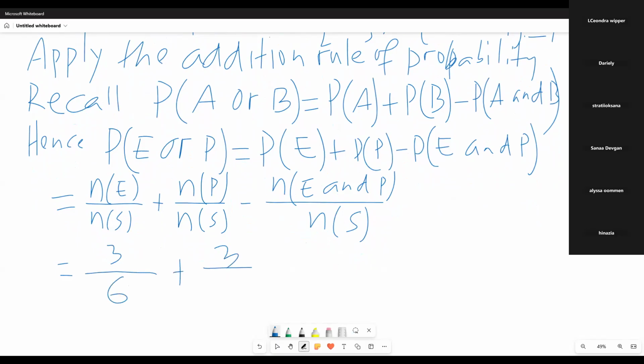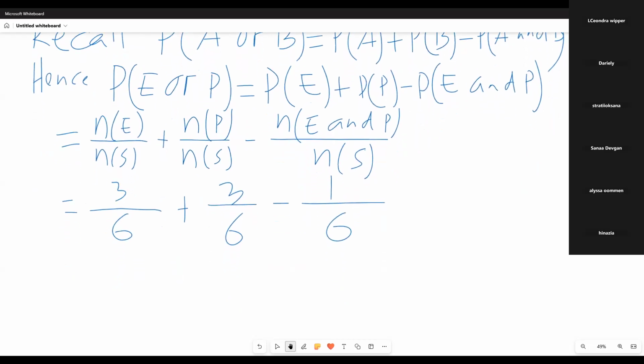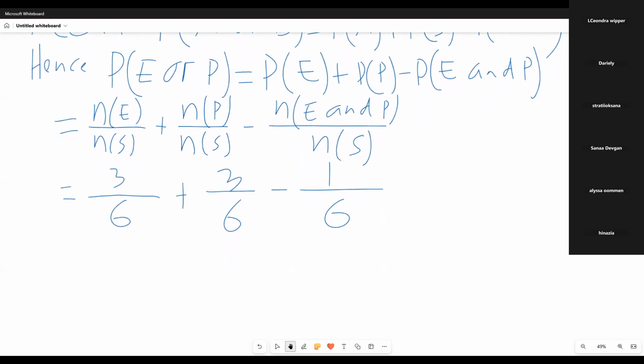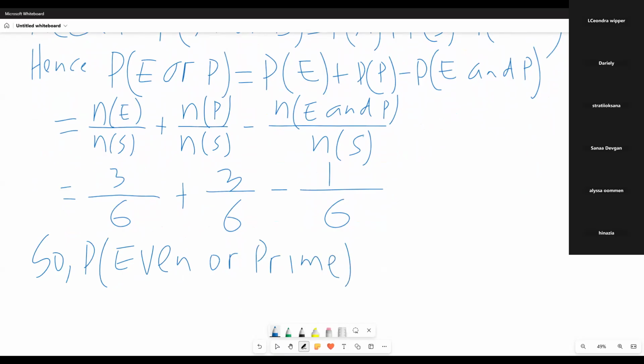That's 3 over 6. And then n of E and P will be 1. That's 1 over 6. So P of even or prime will be 3 plus 3 minus 1, which is 5, so 5 over 6.